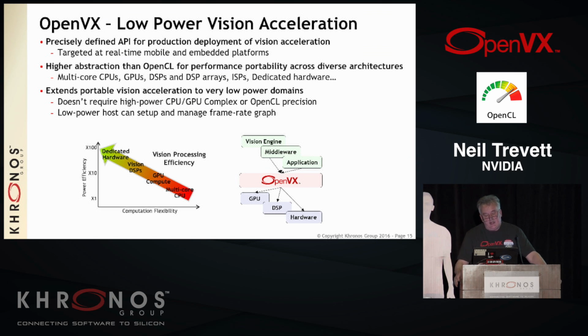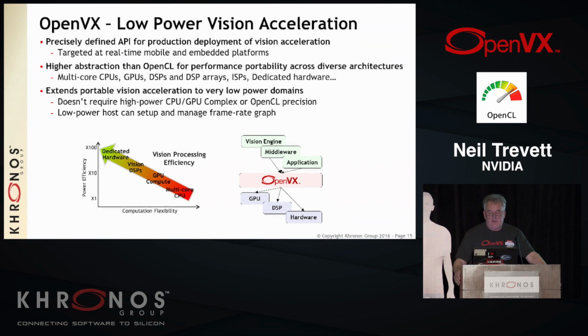So if we recognize that there's probably going to be a spectrum of hardware architectures to reach ultra-low power processing, how can you write your vision processing applications to be portable across that range of completely different hardware architectures? One way to do it is to use OpenCL and say, okay, you have control, you have to figure it out.